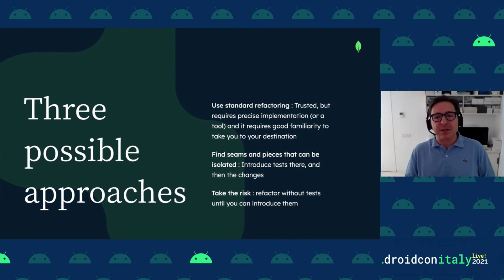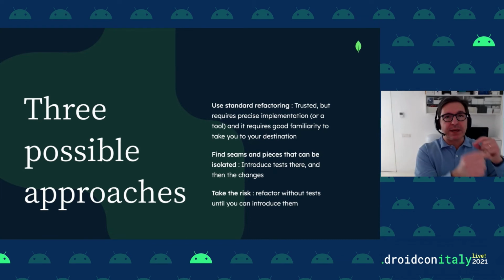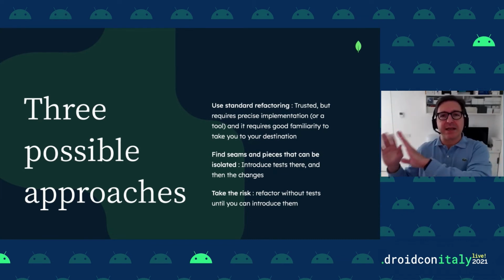By standard refactoring, I mean there's a book, there are two actually, because there's version 1 and version 2 by Martin Fowler, regarding refactorings that you can use that are recipes that explain how to go from one situation to another situation following very well detailed steps that will take you to code that is functionally identical to the previous one.